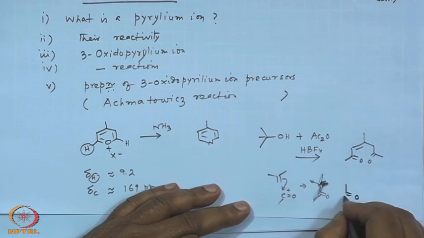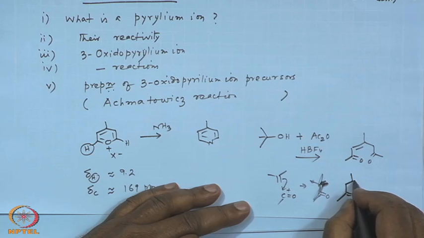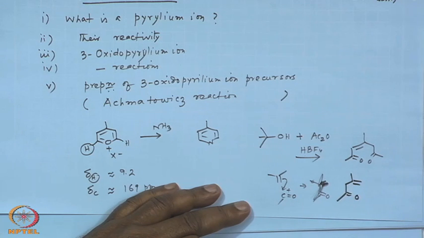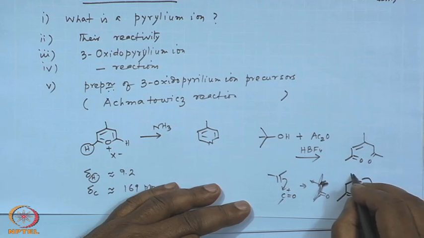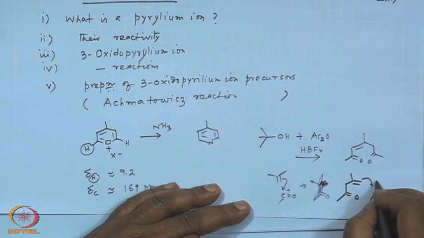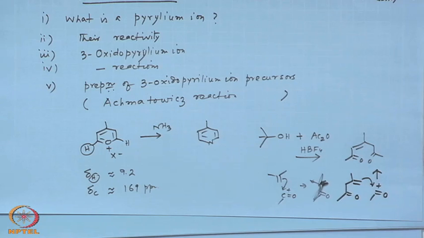So, acetyl here, this carbon, then goes to the next one. So, what you will get? You will get this one, right. And then again if you have acetyl cation here, so this would react, then isomerization, and eventually you get to this compound. So, it is a very easy preparation.